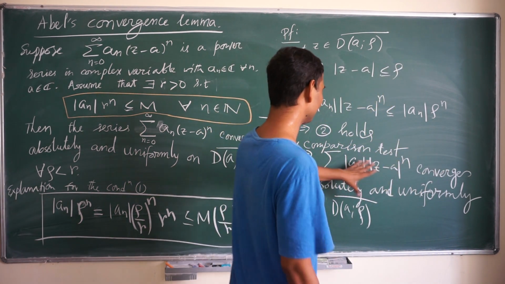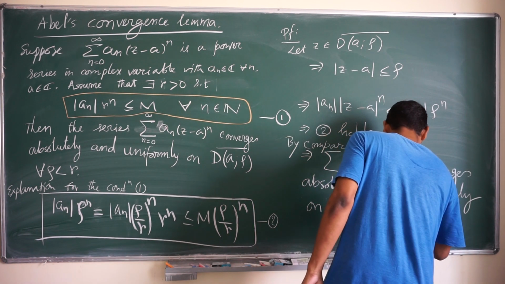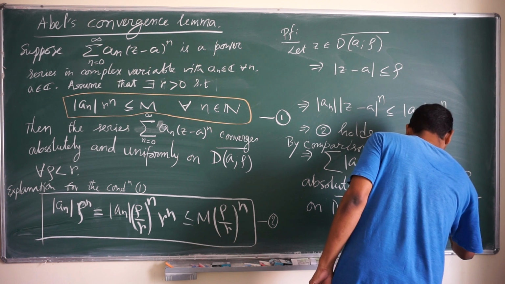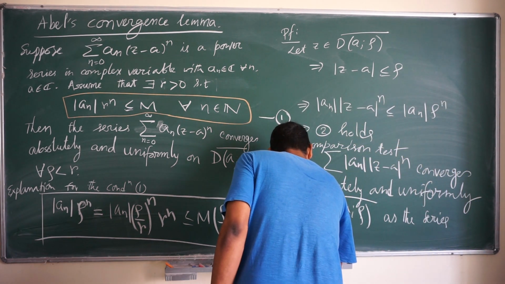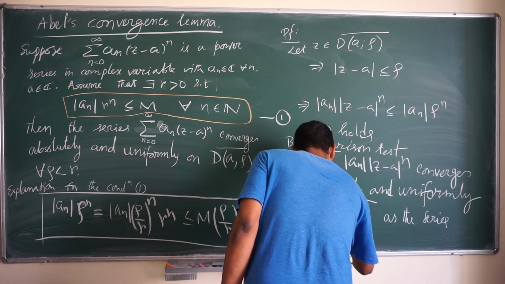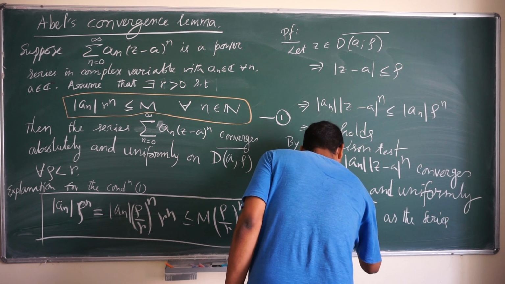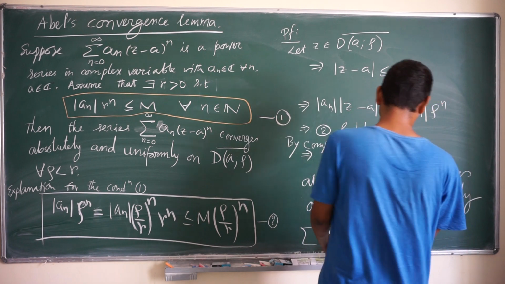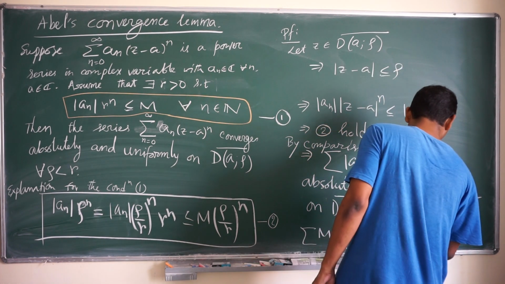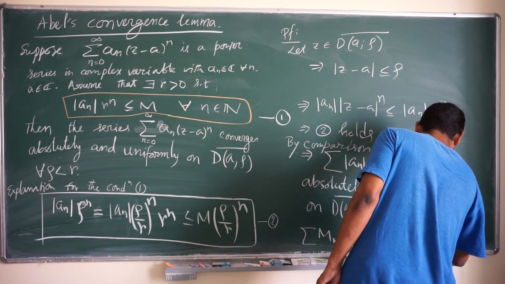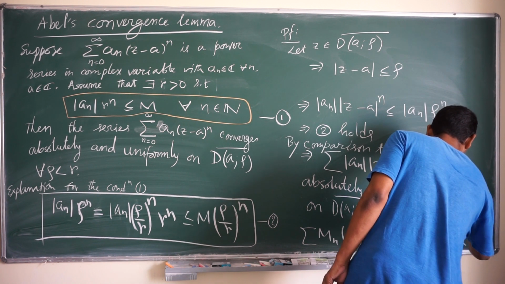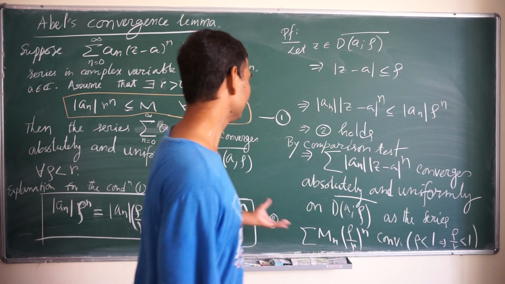By comparison test, this converges uniformly as the series summation M (rho by r)^n converges, and that's because rho is less than r, which implies rho by r less than 1. Right? This gives a proof.